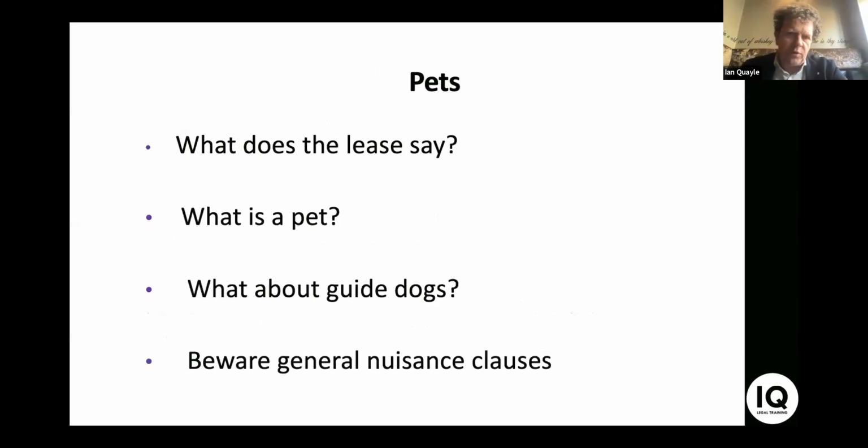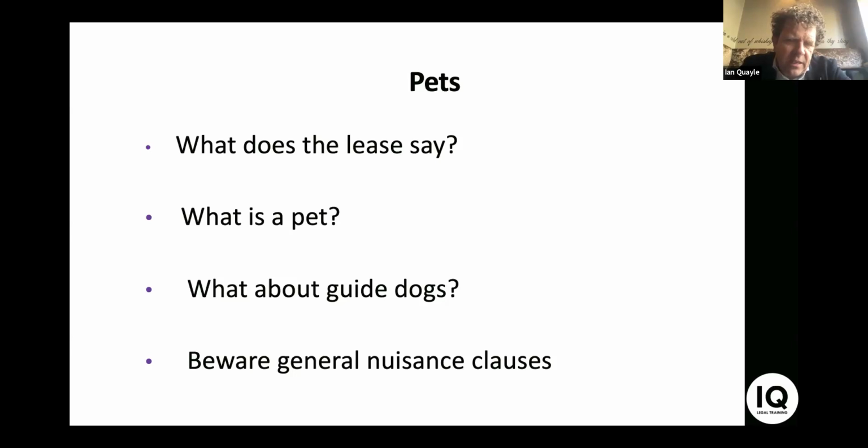Again, there are notes that accompany today's presentation, and in those notes there's the relevant case law that will assist you on that point. The next thing: I saw a firm earlier this year that now produces an information sheet for leaseholders about keeping pets in flats and apartments. Of course, what the lease says is the key issue. Does the lease prevent it, permit it or impose limitations? What is a pet?